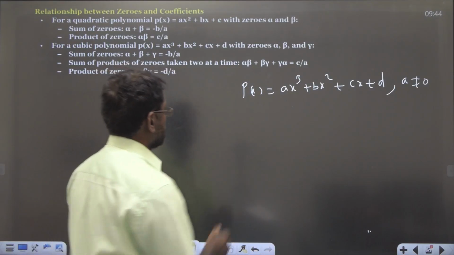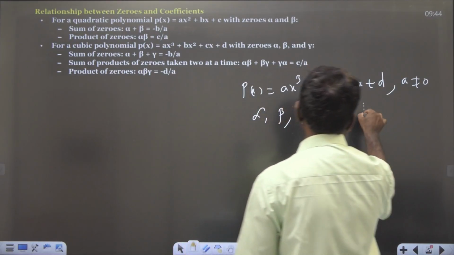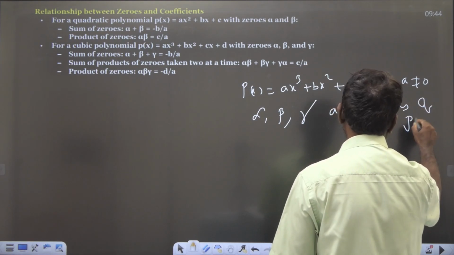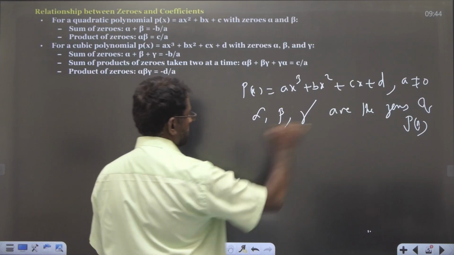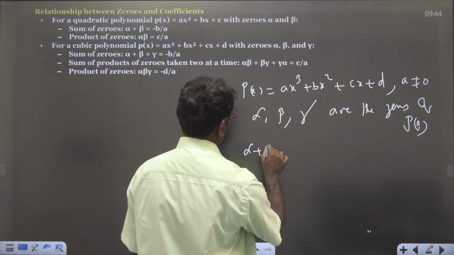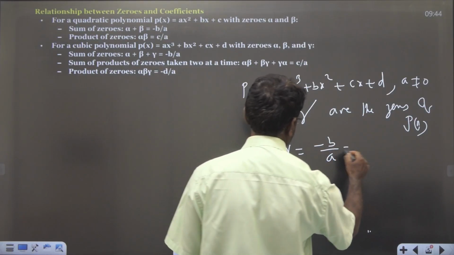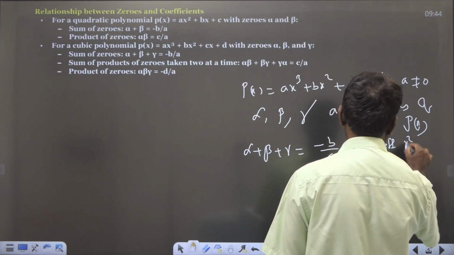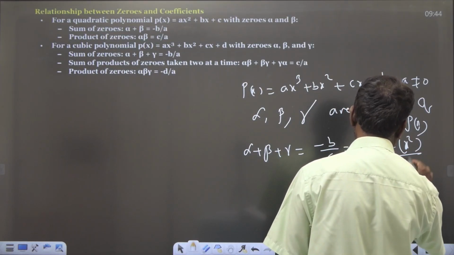Let us take alpha, beta, gamma as the zeros of P of x. Therefore, the sum of the zeros alpha plus beta plus gamma is again minus B by A, or negative coefficient of x square divided by coefficient of x cube.